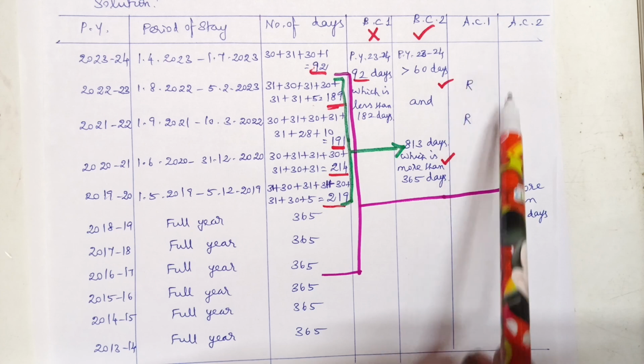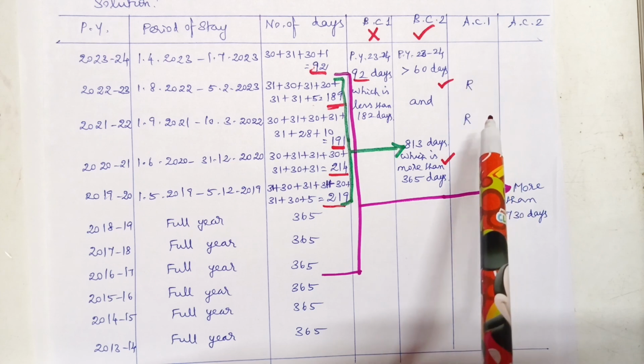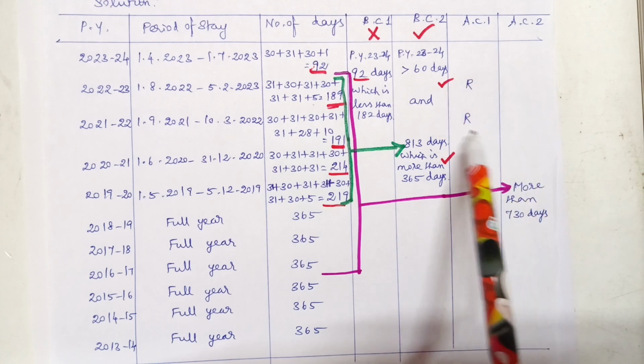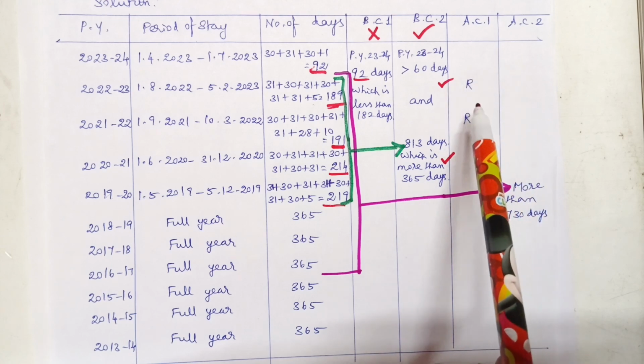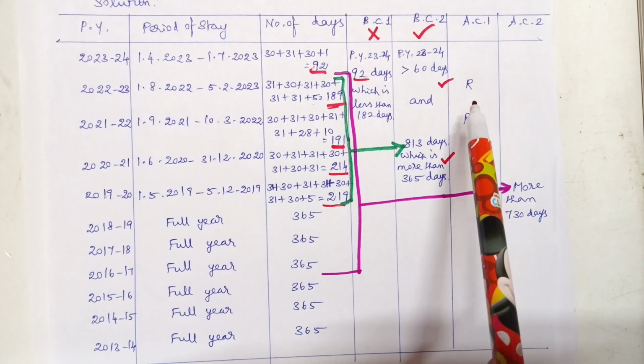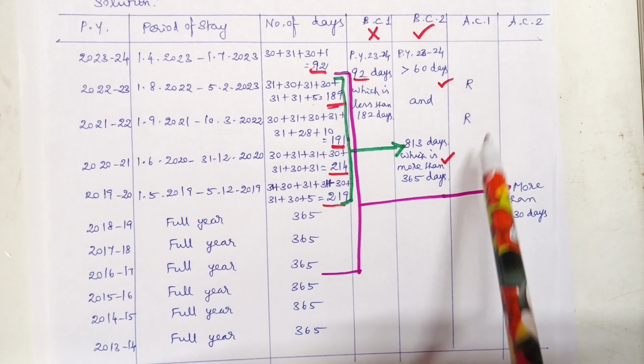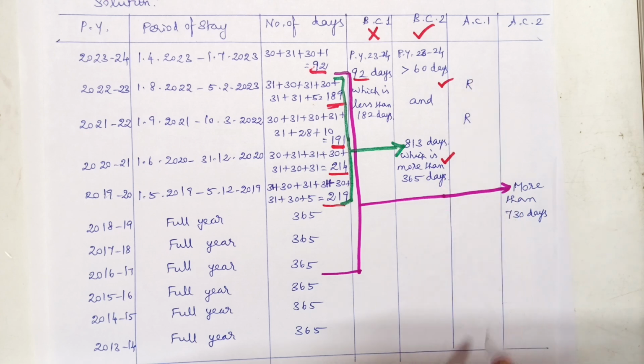For any 2 years, if he has been determined as resident, no need to check the remaining years. We should get at least 2 residence statuses, that is, he should be a resident for at least 2 years. So, for these 2 years, he is determined as resident, and no need to check the other years.